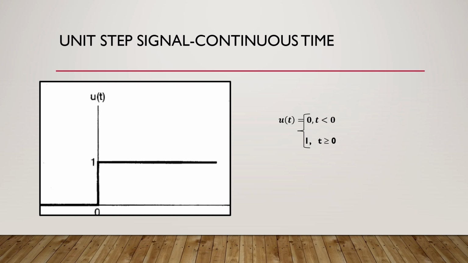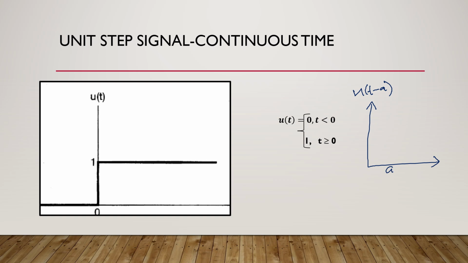Now, what is the unit step signal? For the unit step signal, the amplitude will be equal to 1 for t greater than or equal to 0 and 0 for t less than 0. How can we draw u of t minus a? Now what is u of t minus a?